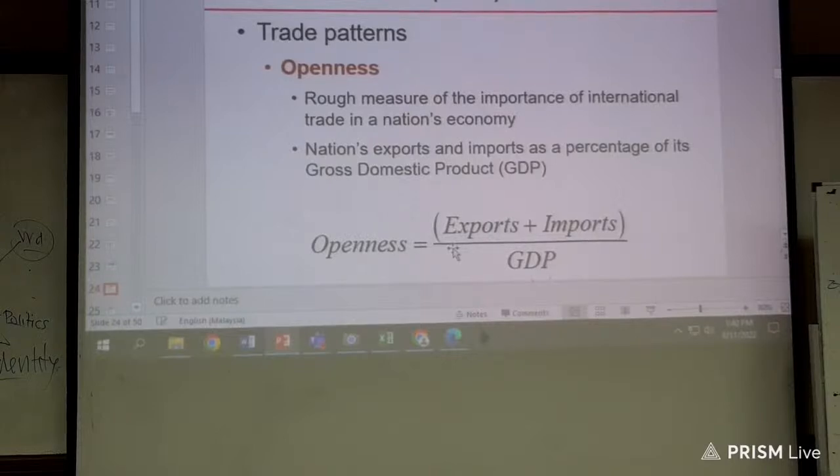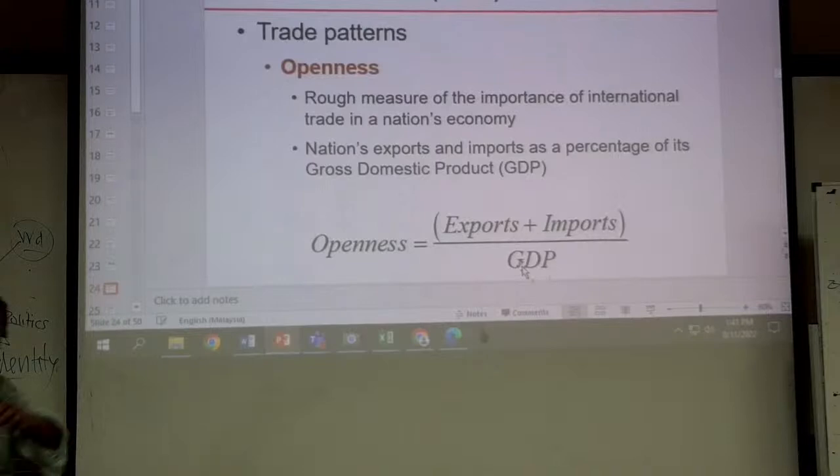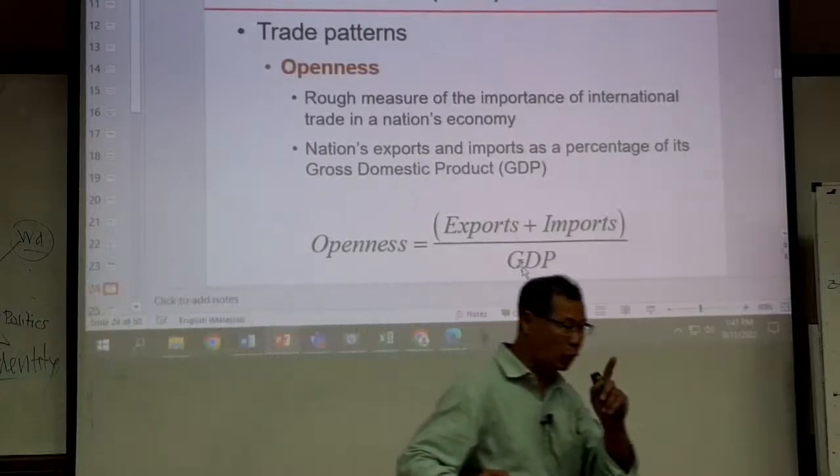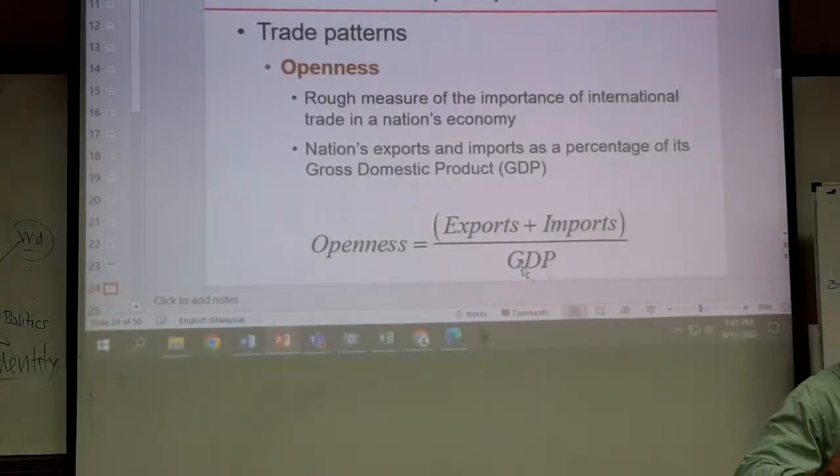You say 15% only, 10% only? No, the size of exports and imports in the United States is big, but divided by the large size of the USA economy. So it means that the larger the economy, follow me, the lower the rate of openness.